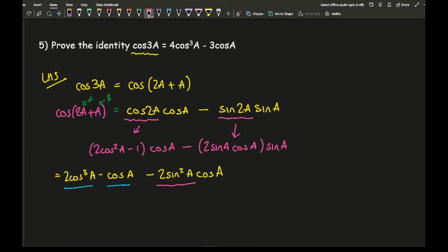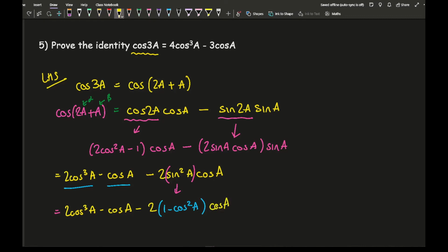I'm not going to change all of it, just this sine squared A, and instead I'm going to write 2 cos cubed A minus cos A minus 2 lots of 1 minus cos squared A, and then cos A.